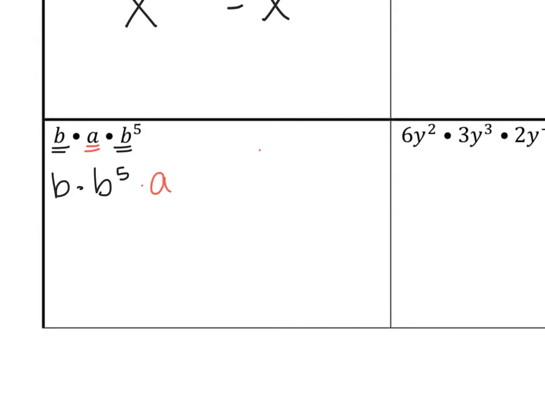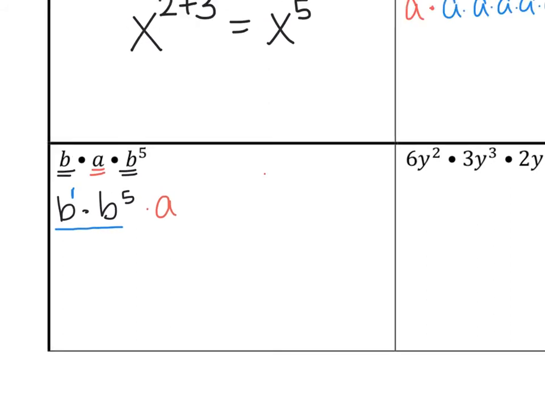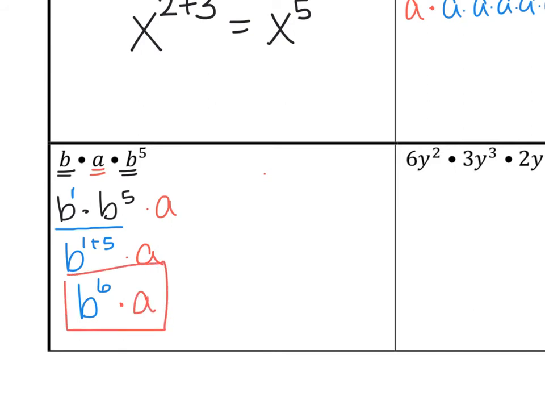This first b doesn't have an exponent, so I'm going to give it a 1. I can combine these two, so it's b to the 1 plus 5, which is b to the 6th. There's no other a's, so it's just times a and times a, and that's our final answer. We cannot combine the a and the b because they are not the same base.